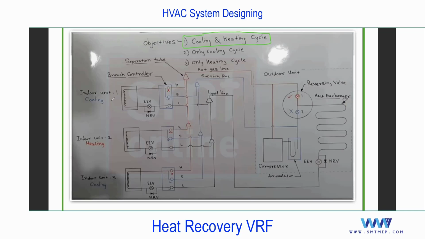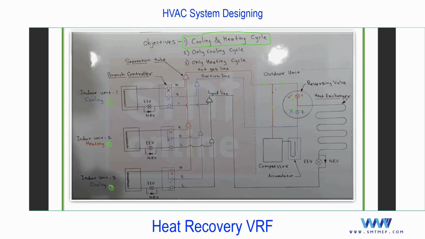For example, space 1 cooling, space 2 calls for heating, space 3 calls for cooling, for example. Now in that case, this valve is going to be in open position. This is closed. Apart from this, see the refrigerant starts from here. It will flow in this direction as well as in this direction.